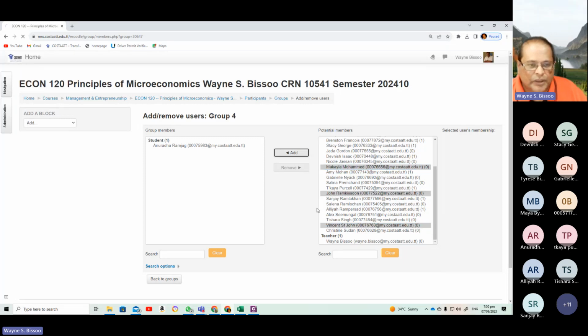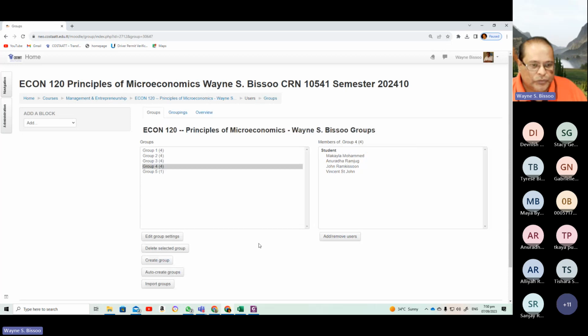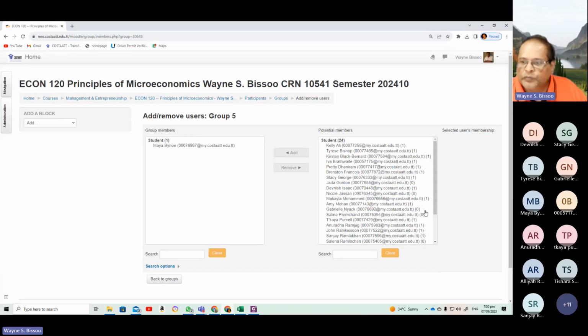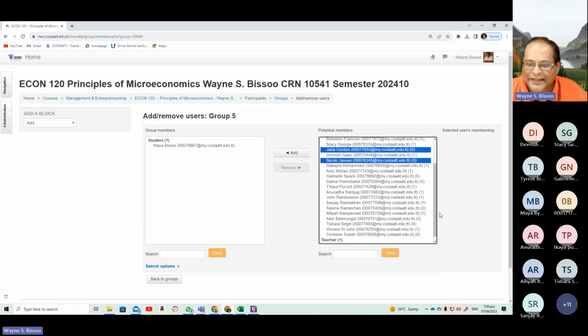Let me add those for now. Back to groups, go to group 5. Add and remove. Jada Gordon's not here yet, so we have to look out for her. Nicole is here. Trying to do that balancing thing that my friend was saying. Alex.